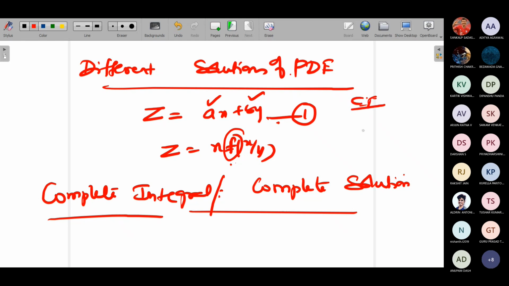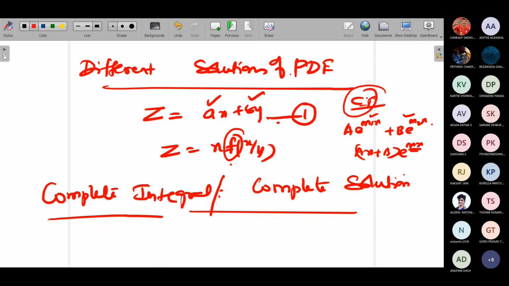How will your complementary function be? It will take different forms. y equals a e power m1x plus b e power m2x if the two roots are distinct. It will take the form (ax plus b) into e power mx if the two roots are same, and it will take (a cos x plus b sin x) into e power alpha x when you have imaginary roots. So these were the three forms you got for the complementary function.